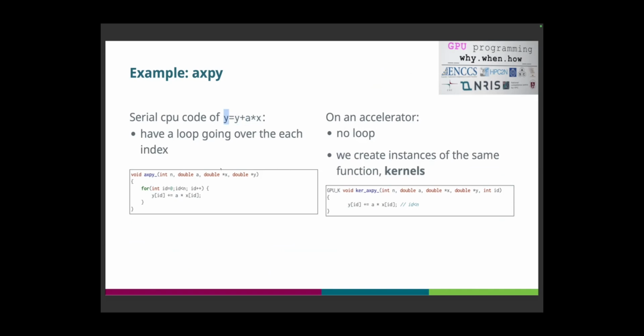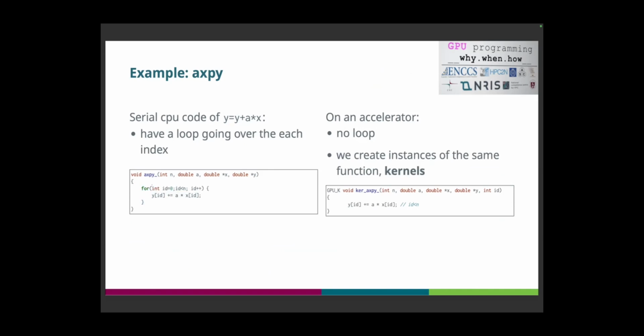On a serial CPU, you just have this kind of function. We have a loop with this index ID, which goes from 0 to n minus 1. This is C, so this is how the indices go.